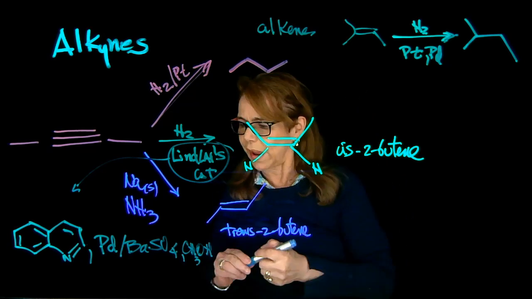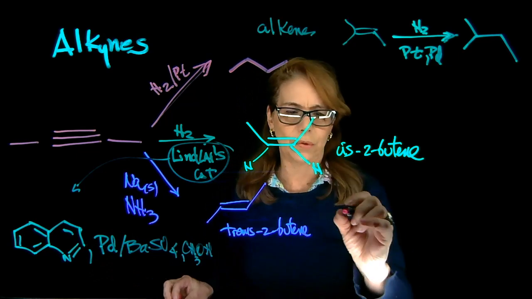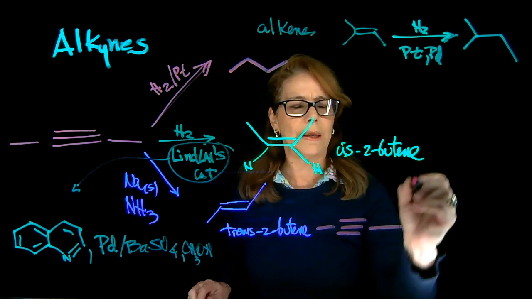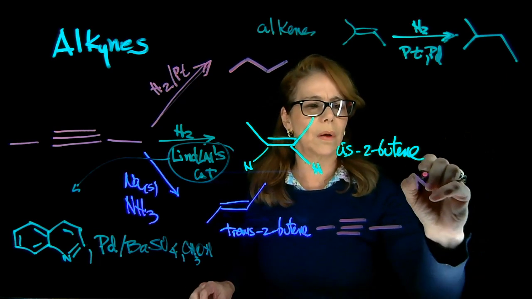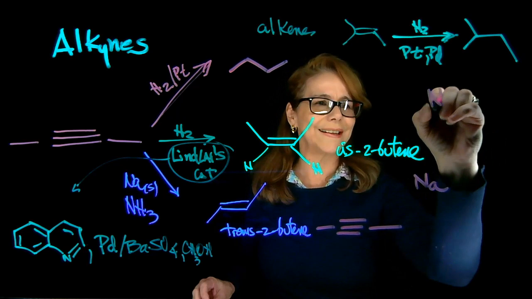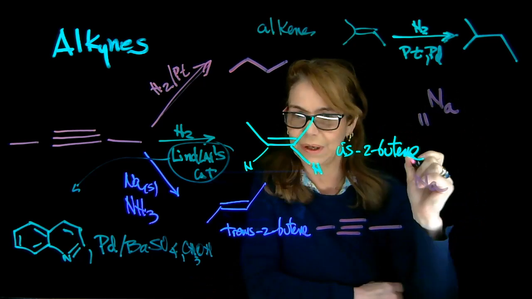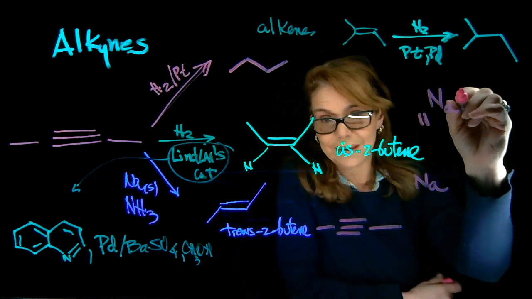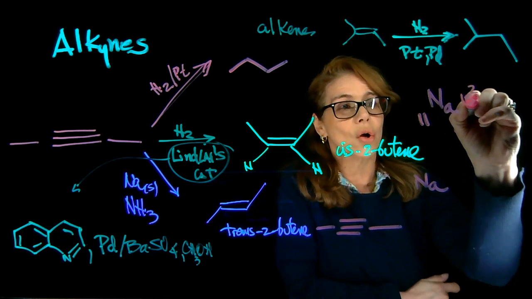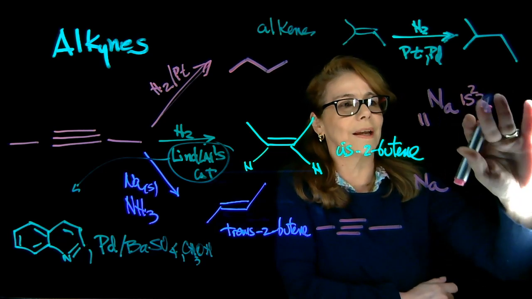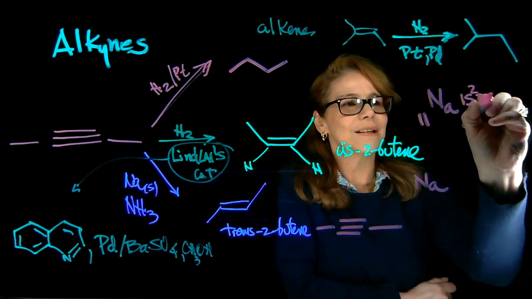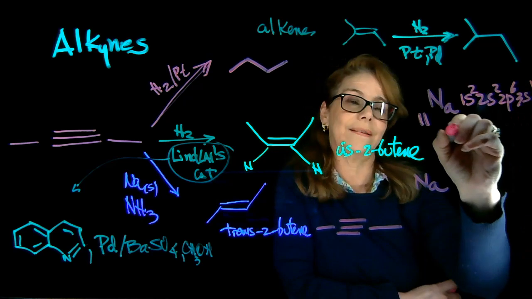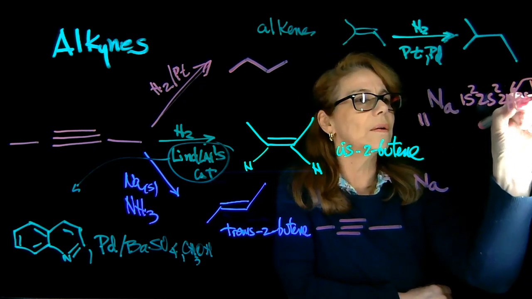So when you have your alkyne here, let's remember that sodium, I'm going to write the electron configuration here, is number 11 in your periodic table. Let's make it another color. The electron configuration would be 1s2, 2s2, 2p6, 3s1.